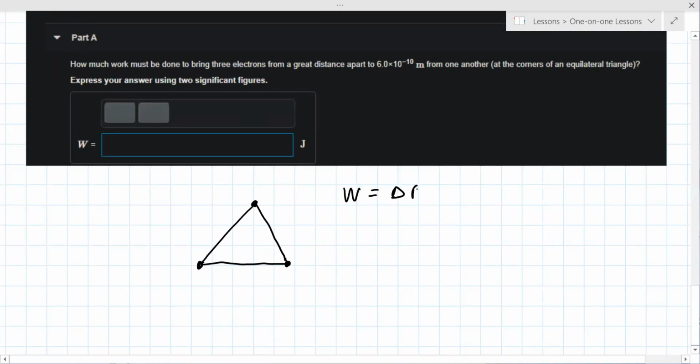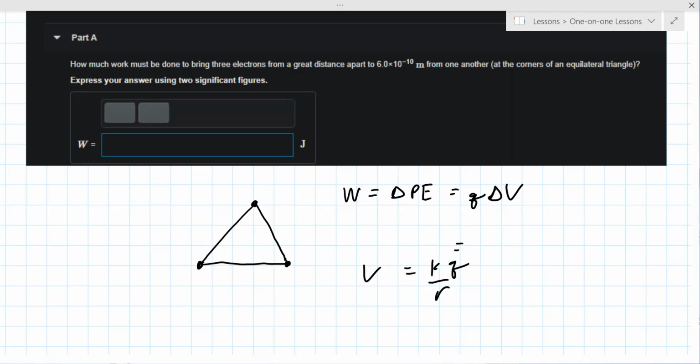The change in potential energy is Q delta V, and delta V is really V, which is KQ over R. We have some of these values already, but there's a lot going on here. I don't quite follow this. There's quite a lot here.